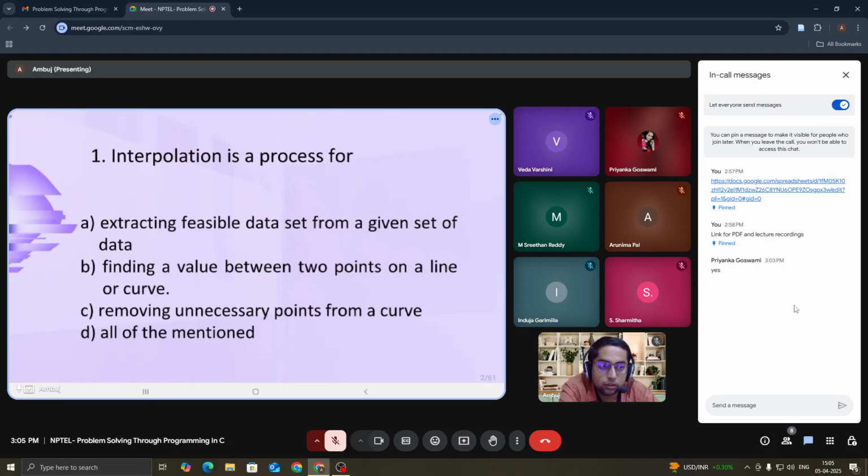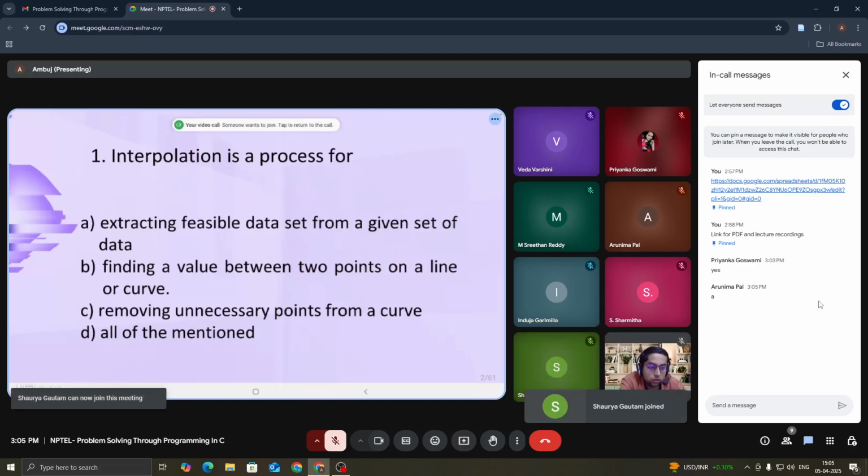Do try to answer. Even if you don't know, try to answer. Have a guess. What is interpolation? One person is saying extracting feasible data set from a given set of data. What about the others?